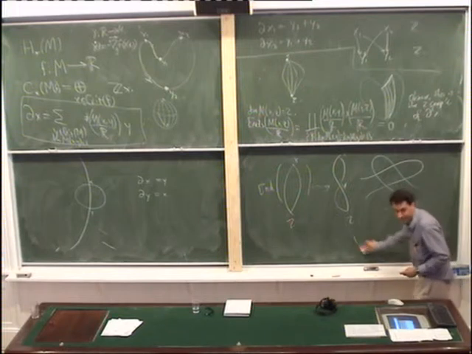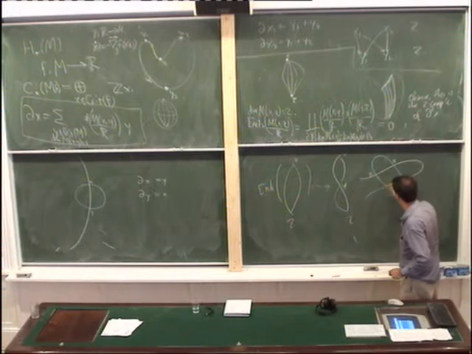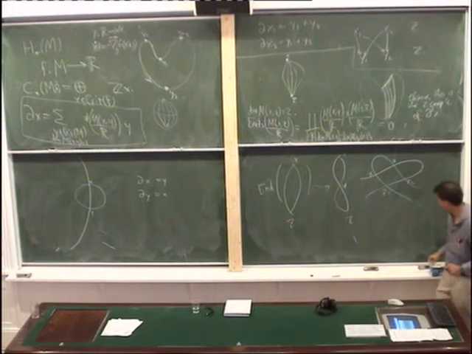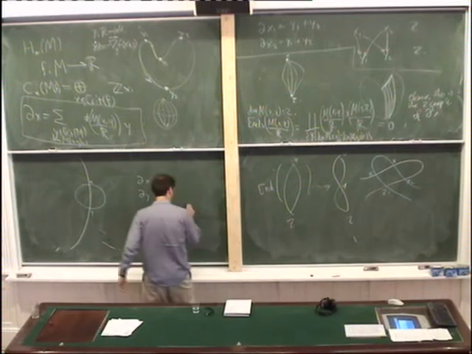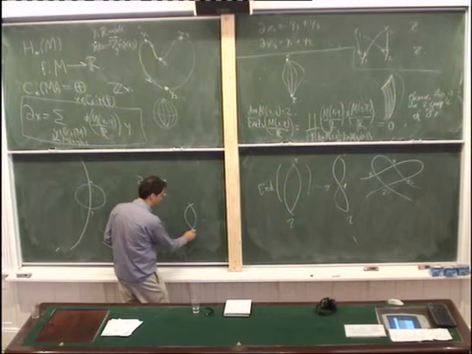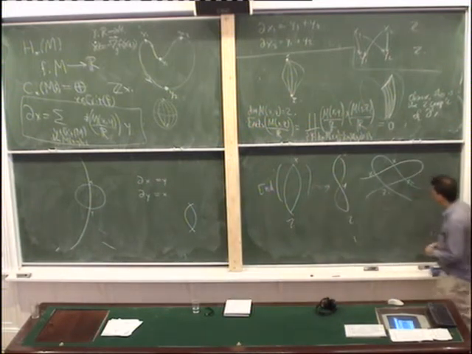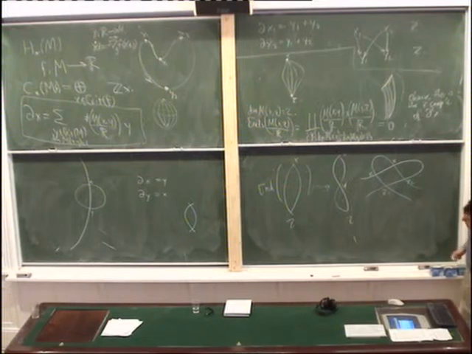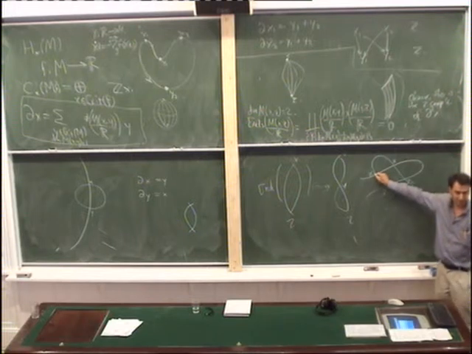If we consider this chain complex, then we have X, we have Y1, we have Y2, and we have Z. Unfortunately, I've erased my conventions, so we'll have a new convention. Okay, so what is the differential of Y1?